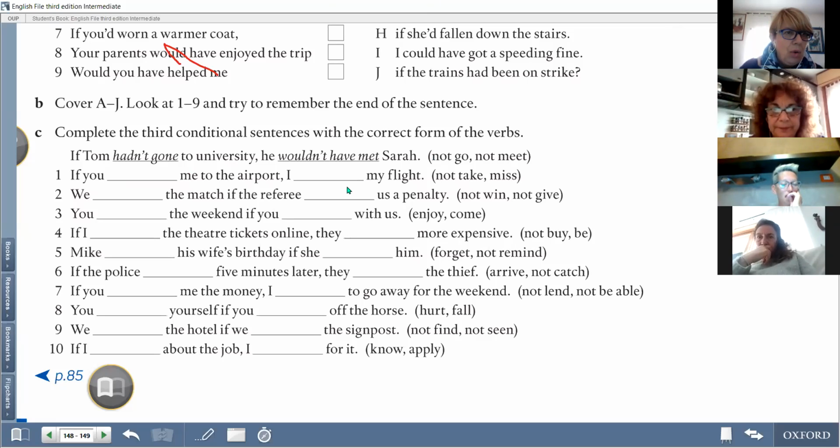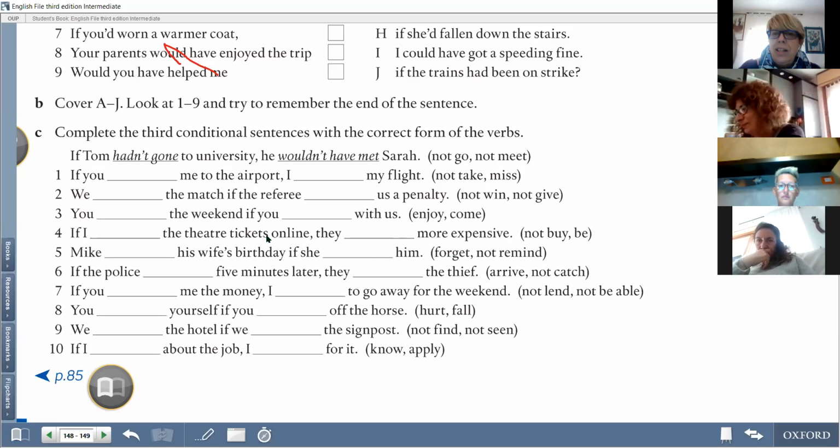Okay, now let's try to complete the third conditional sentences with the correct form of the verbs. I'm not going to do it right now with you, but I would like you to do it by yourself, alone, at home, relaxing, taking your time, writing them down, and then we see them together.